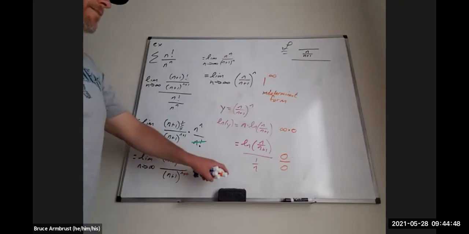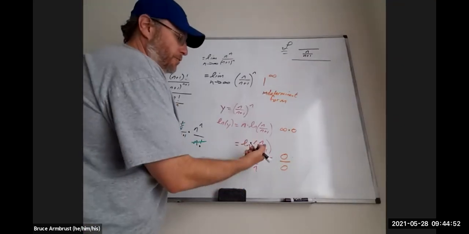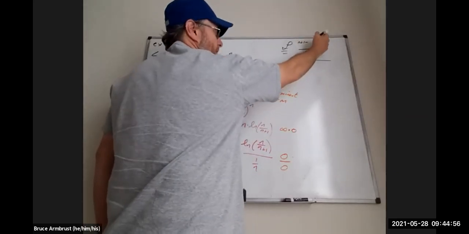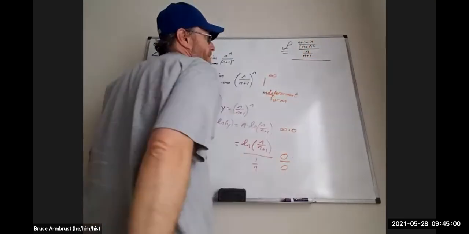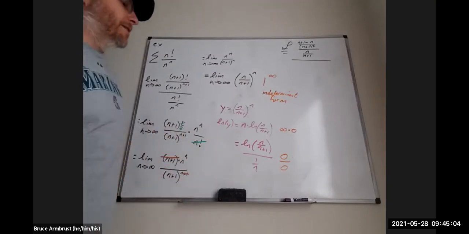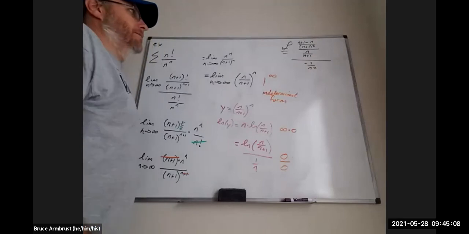And then on the top, we need the derivative of what's inside. Well, that's quotient rule. So the derivative of (n plus 1 minus n) over (n plus 1) squared. So that's the derivative of what's on top. And then the derivative of what's on bottom is just minus 1 over n squared.